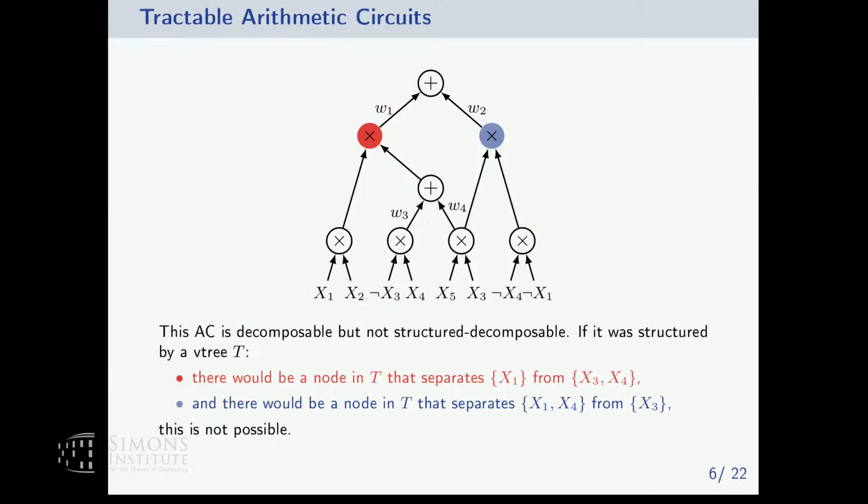You just have to find two nodes that split your variables in ways so that it would not be possible to find a single V-tree that will take into account these two particular splits. So basically, the structured decomposable ACs are a strict subclass of the decomposable ACs. That's all.